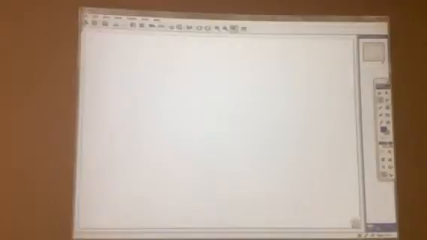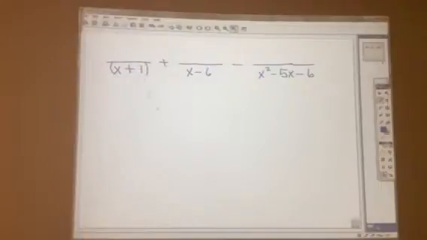All right, look at this example. This denominator is x plus 1. This denominator is x minus 6. And this denominator is x squared minus 5x minus 6. Now I have 3 different fractions. I told you before that this has to stay together. Well, this has to stay together.